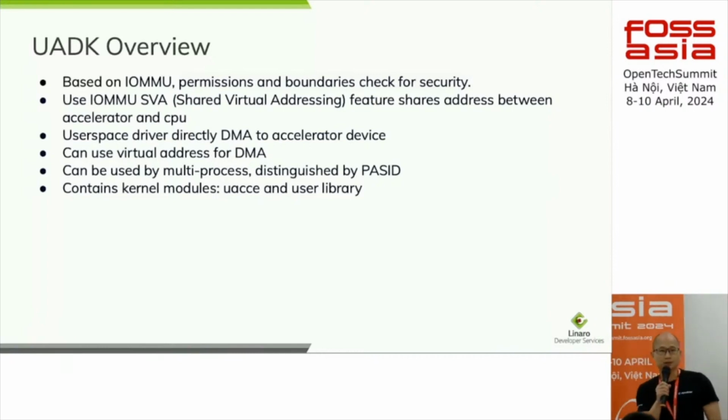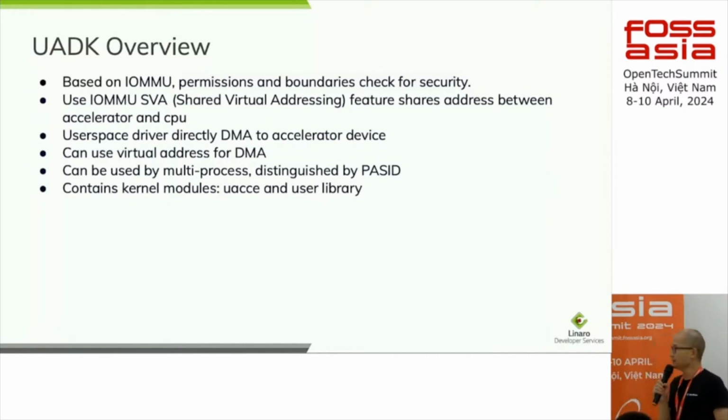And our IOMMU provides the SVA feature. That means shared virtual address. So in the user space, we can directly use the virtual address. Since it is a user space driver, in the user space we can directly do the DMA to the accelerator.